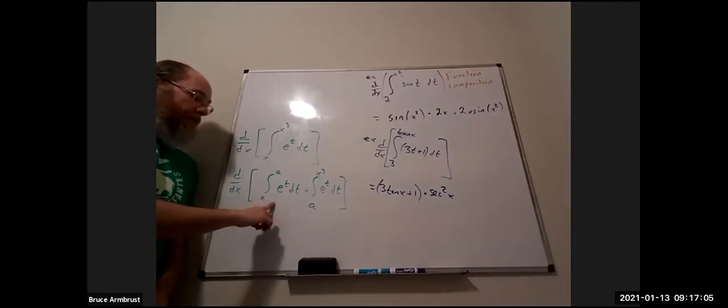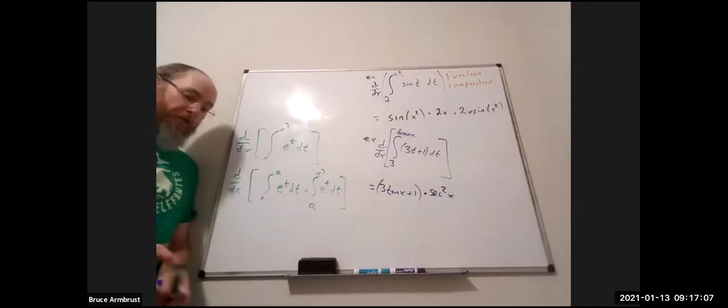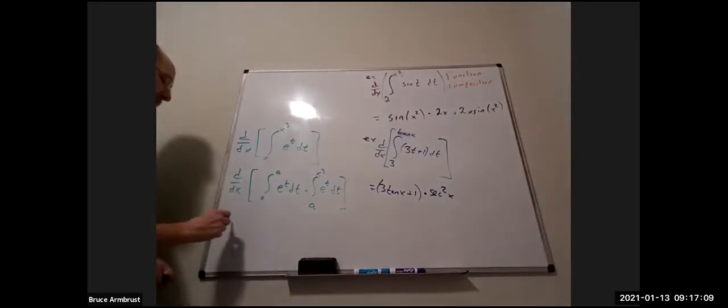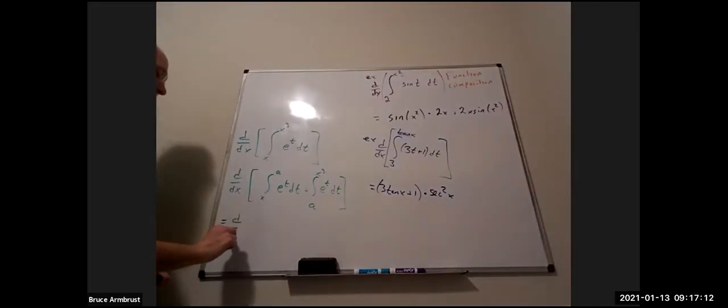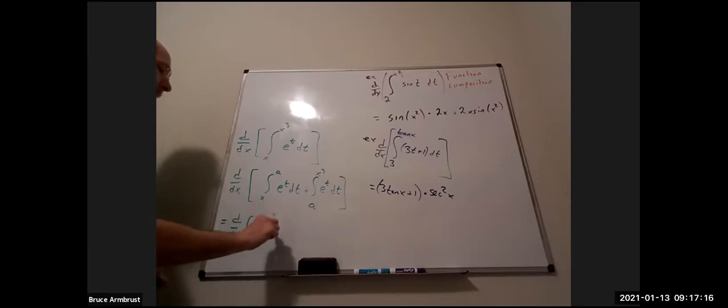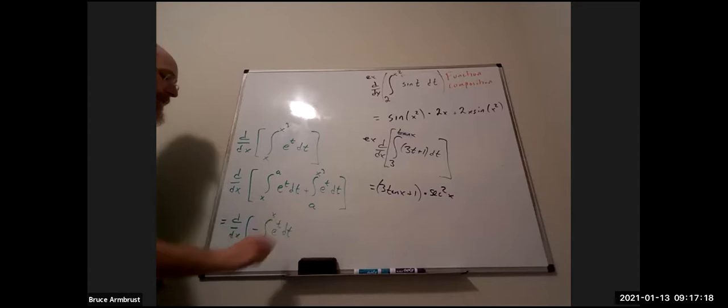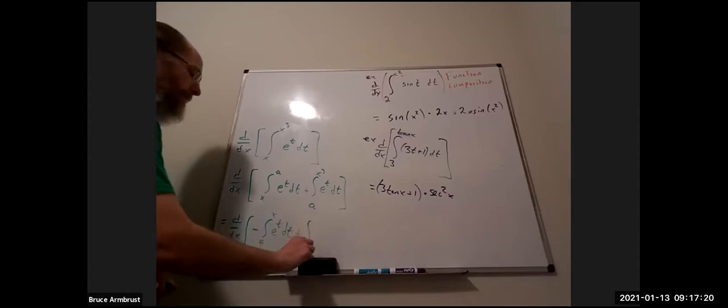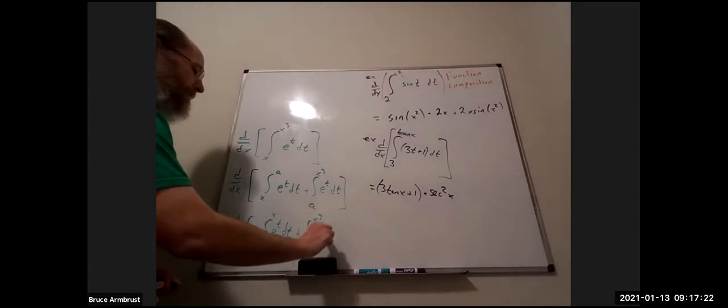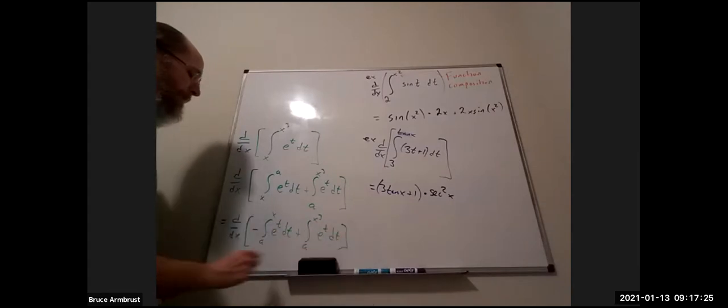So this is the same thing that we did just a little bit ago, where we just swapped the order of integration. So let me change that real quick. We're going to do d/dx of negative integral from a to x of e^t dt plus integral from a to x^3 of e^t dt.